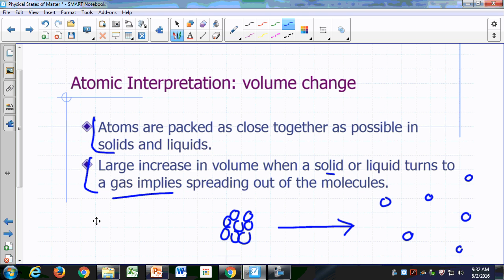So that's the interpretation at the atomic level of why, when a solid or liquid changes into a gas, there's a large increase in volume. The atomic interpretation is just a spreading out of the atoms or the molecules.